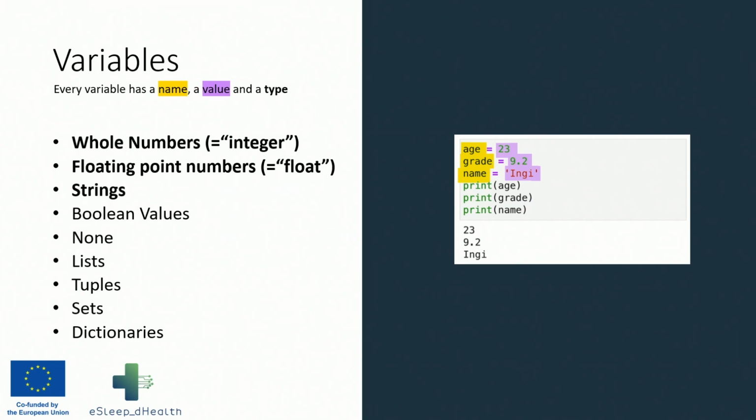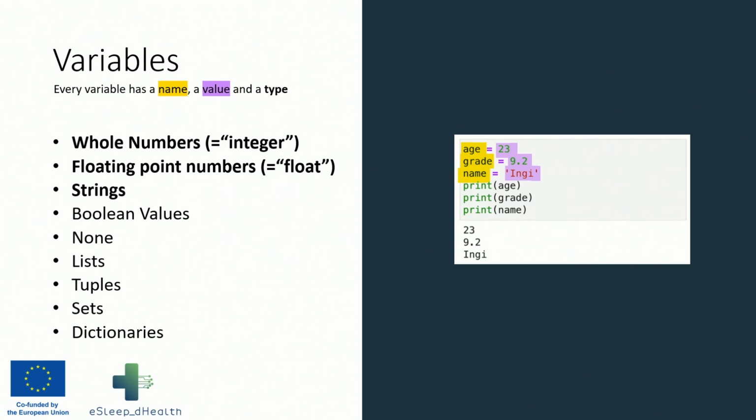And what is very nice about Python is you don't need to define the type of a variable specifically, but it will implicitly already be clear which is the type of your variable by following certain rules. So, for example, the first line in this code block is age equals 23. So the name of our variable is age, and the value of this variable is 23.